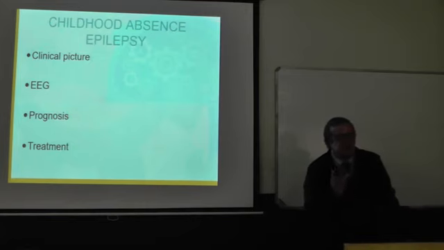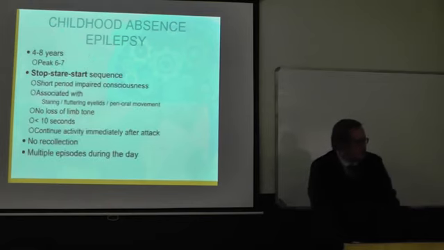It's got a very specific EEG. There are 3 per second spike waves, discharges during the episode. They have got a reasonably good prognosis, and the treatment is usually quite simple. It's also one of the few cases where we will sometimes use the EEG to guide treatment.